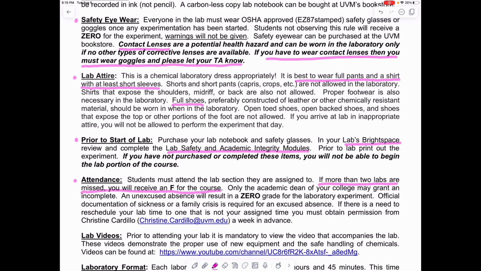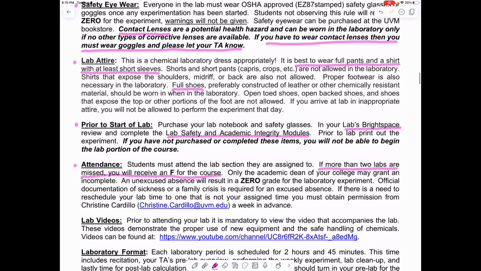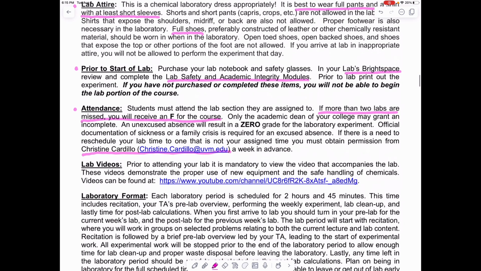Any questions with lab scheduling, lab issues, or makeup labs should all be forwarded to Christine Cardillo. She is our lab director, and she coordinates all aspects of the lab. You can email me, but if it's a lab-related thing, I will just be forwarding it on to her. So keep that in mind.